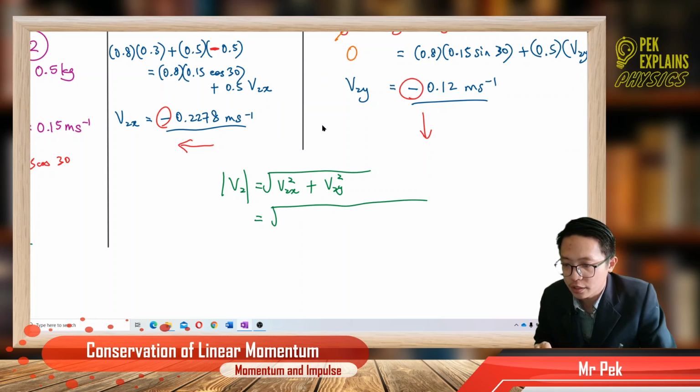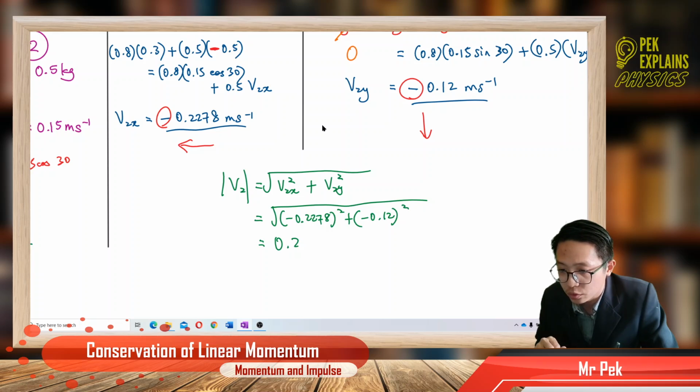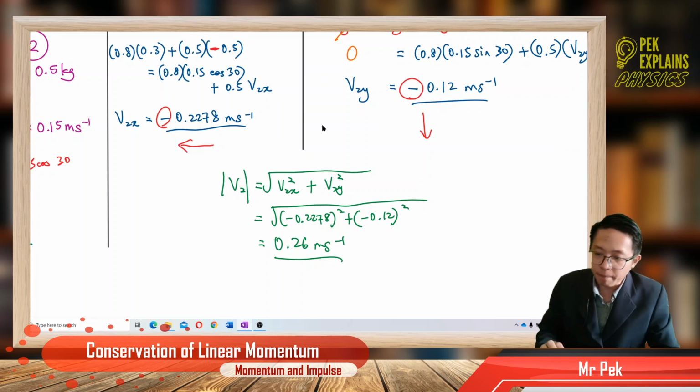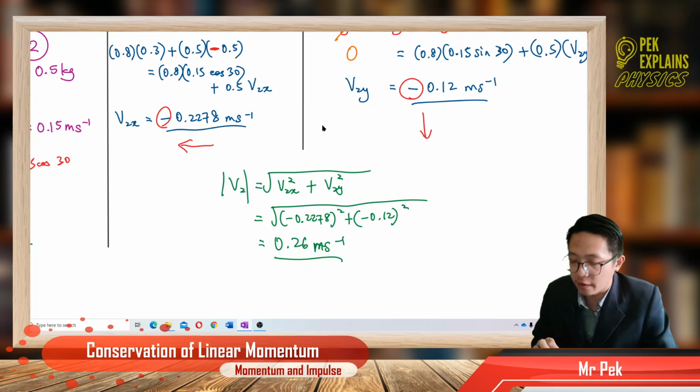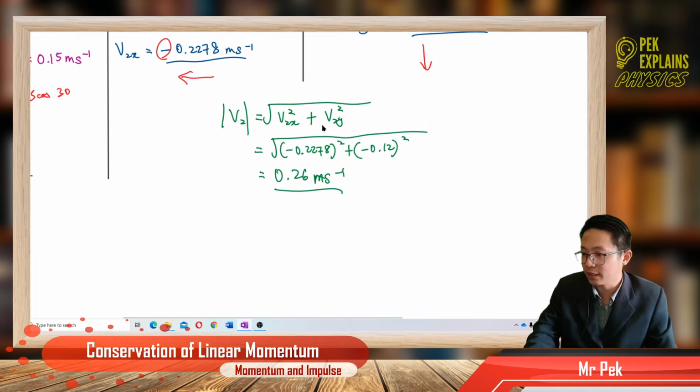Substitute all the information: negative 0.2278 squared plus negative 0.12 squared. After square root, we got 0.26 meter per second. That is the velocity 2. We got the magnitude.